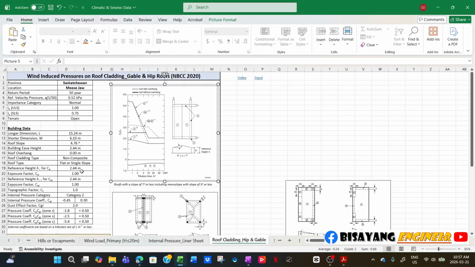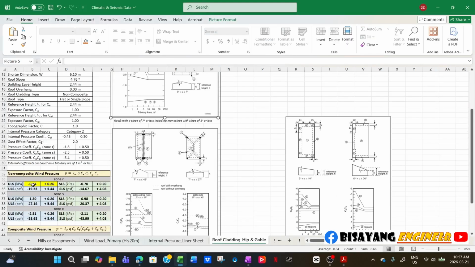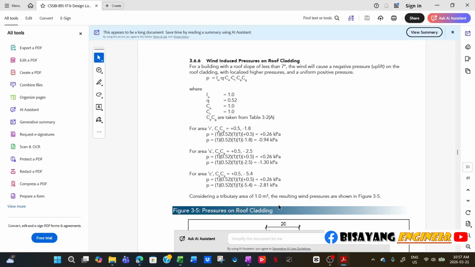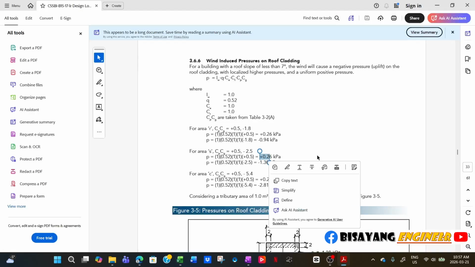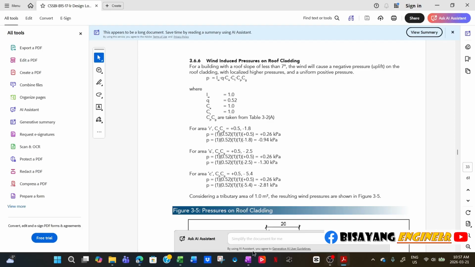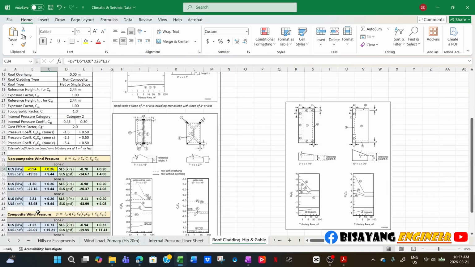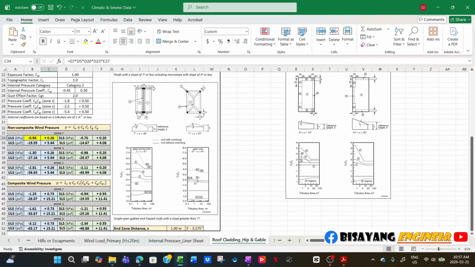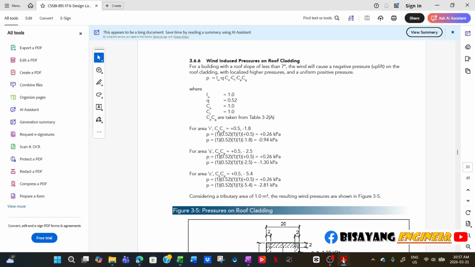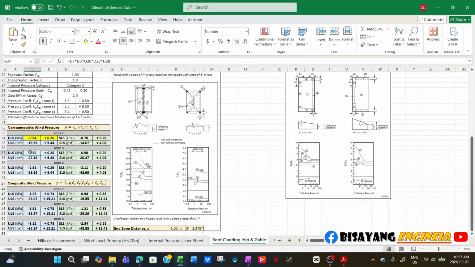Roof cladding, so that is this one here, 0.94, and then for zone S, that is 0.26 and 1.3. Is it 1.3 or 0.3? 1.3. So this one here.